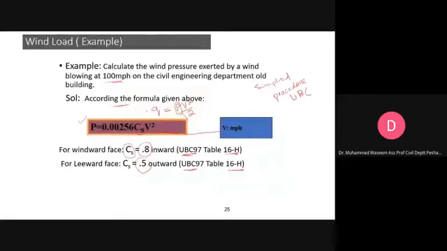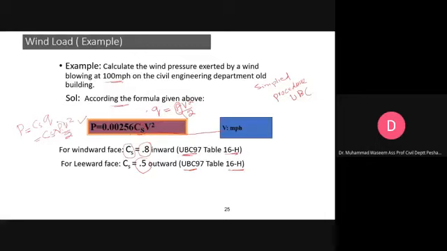So as I told you, we can use a simple formulation in order to compute the design wind pressure. We know that this is CSQ, and Q is rho V squared by 2.